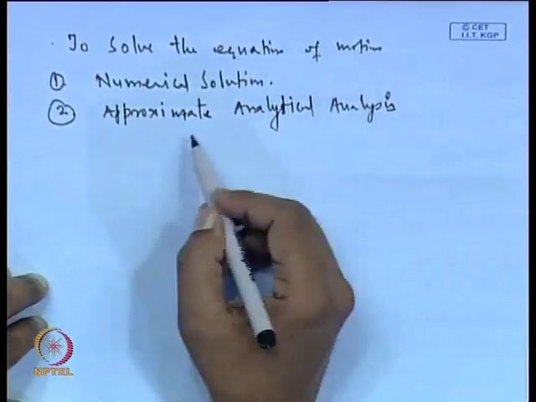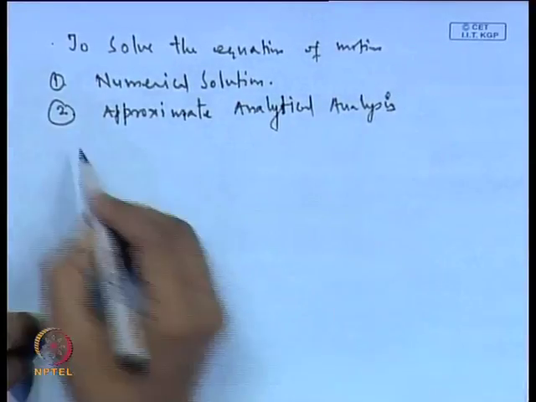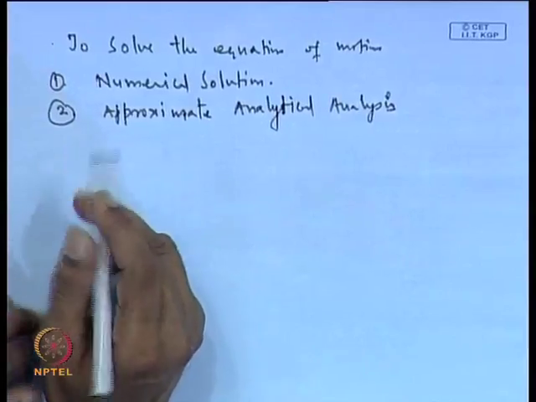Why approximate? Because the exact solution we cannot do anyway. Therefore, if we can do certain approximation, it may be possible that we get certain kind of solution, and this gives a lot of insight into the motion of the system.